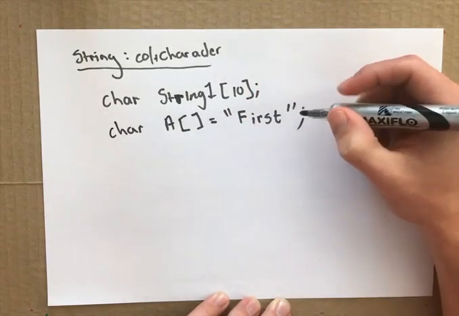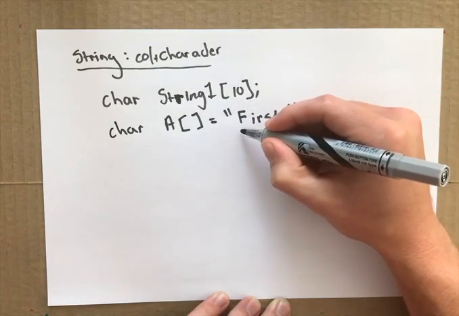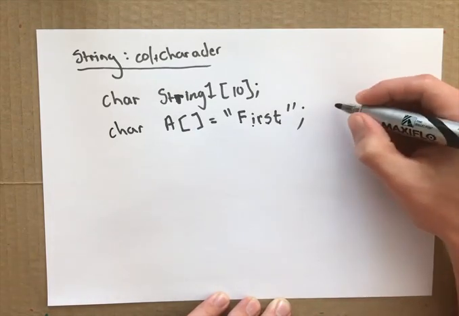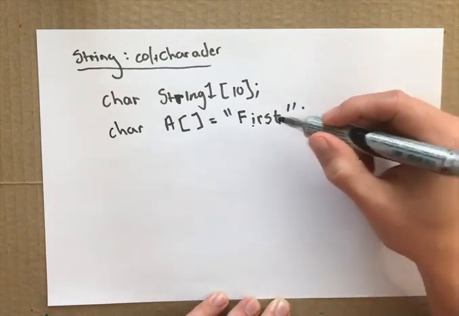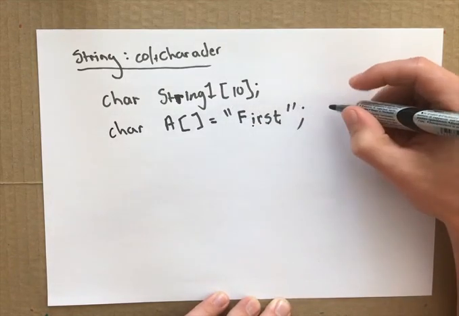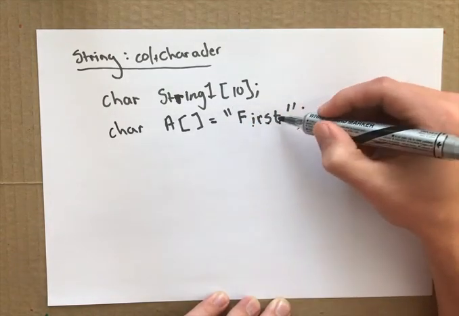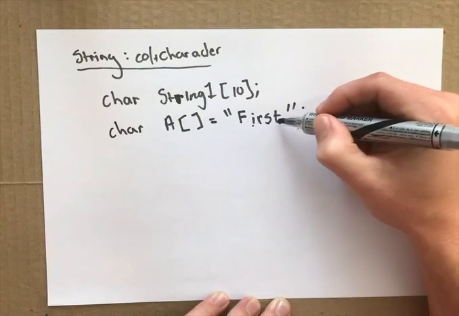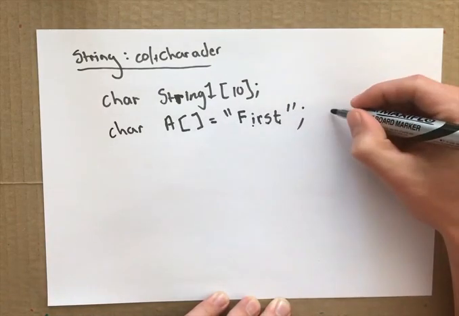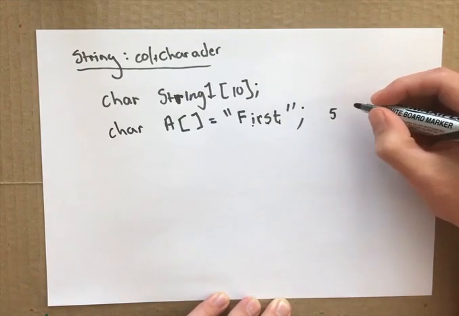Now let's quickly count the amount of characters. This is 1, 2, 3, 4, 5. As I said, when you declare your char array with the double inverted commas, the amount of characters inside them is your size. So it's 5 plus a special character.